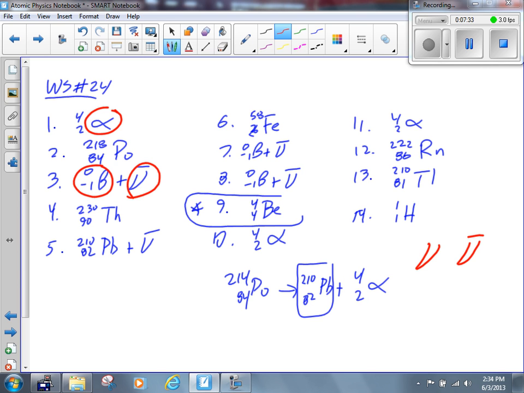Hypothesized around the year 1930, there was no direct evidence to support them other than, hey, we need something to explain this missing mass or missing energy. Here we are 83 years later. We've observed many, many neutrinos and antineutrinos, so we know that, in fact, he was correct. It was just a good theory at the time. Don't forget to write them in whenever you're writing in beta negative decay or beta positive decay.